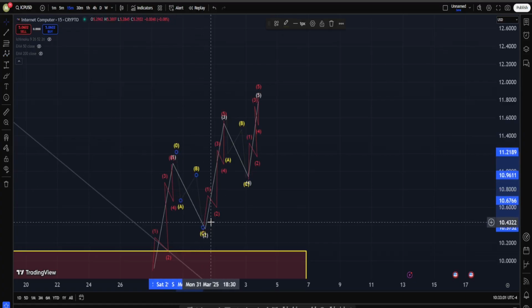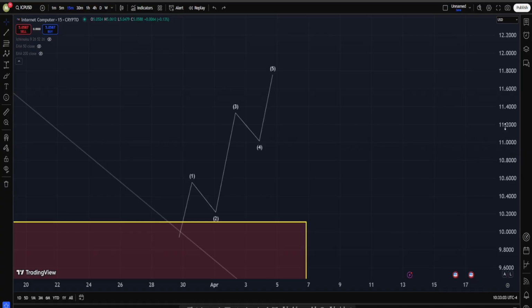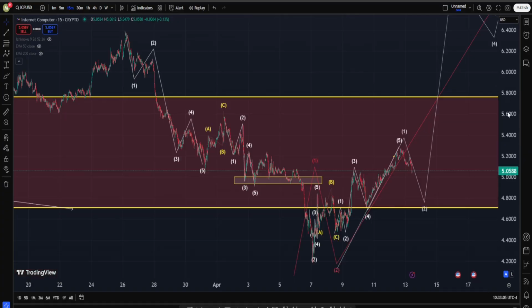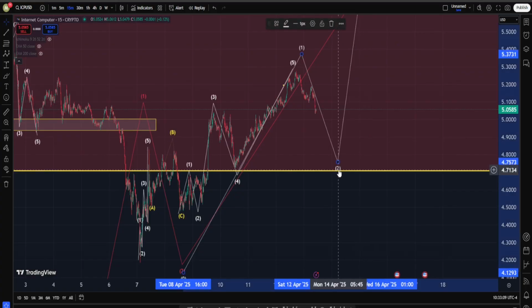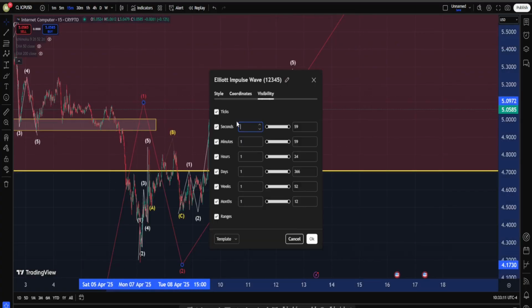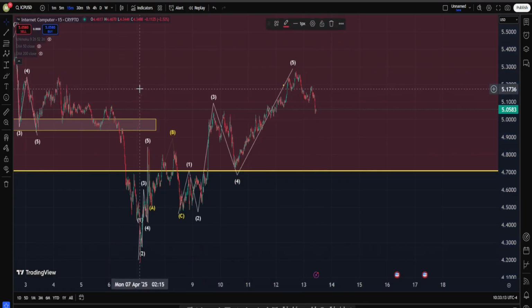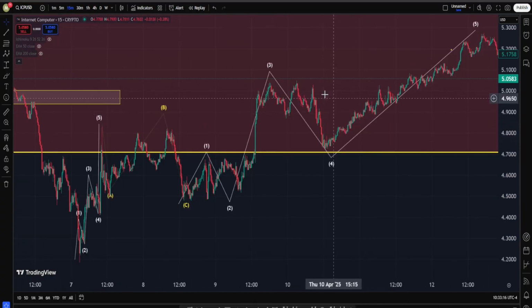Now let's go on the live chart and see, can we identify something like this or not in Internet Computer? Let's just delete this series of 1-2s. There we go. Sorry about that one. So here's the situation.